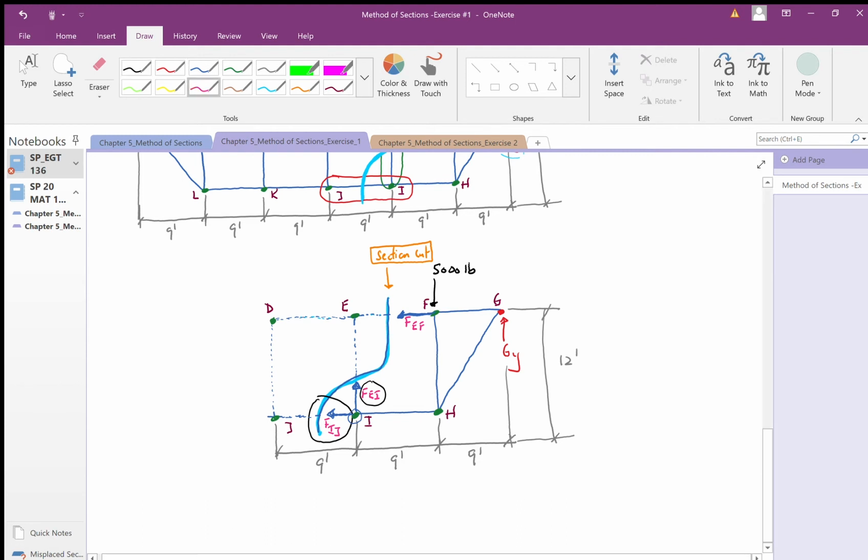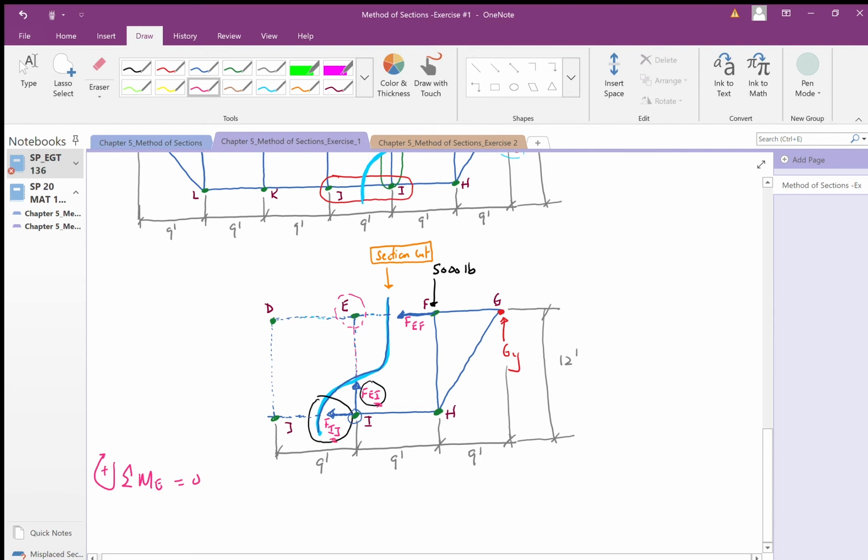So in this case, I'm just going to take the moments about point E equals 0. This is my point of interest right here. When I do that, I know that EI goes through point E, so that can't be considered. So I'm going to look at force IJ.